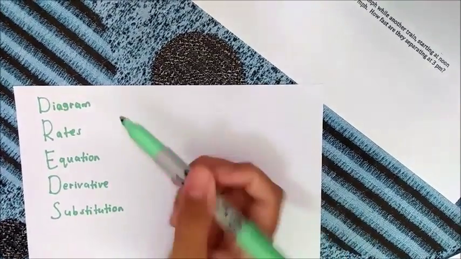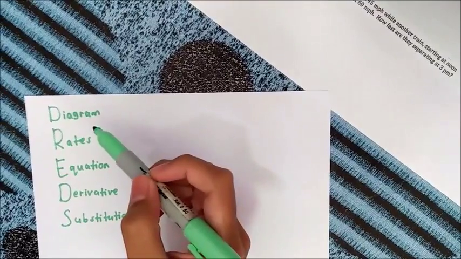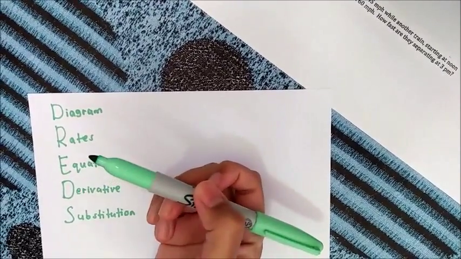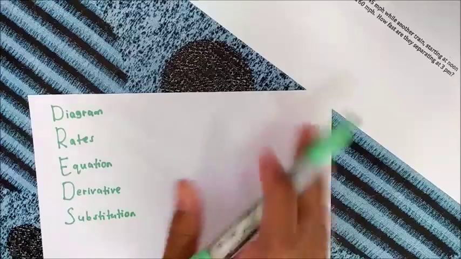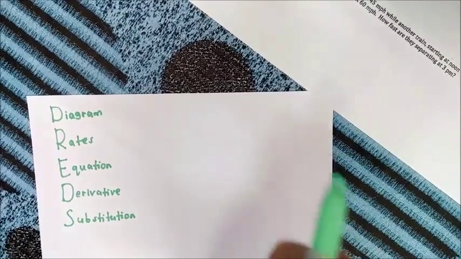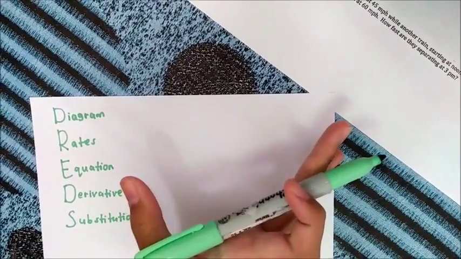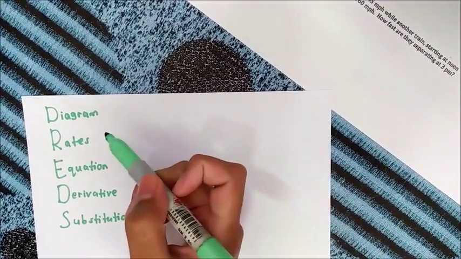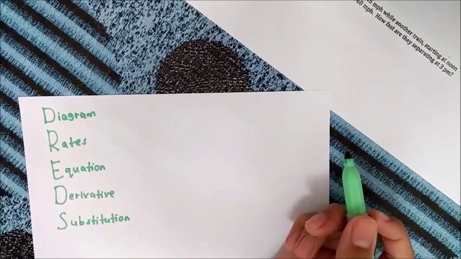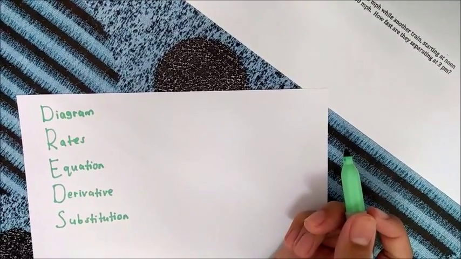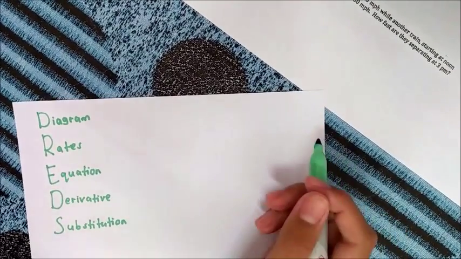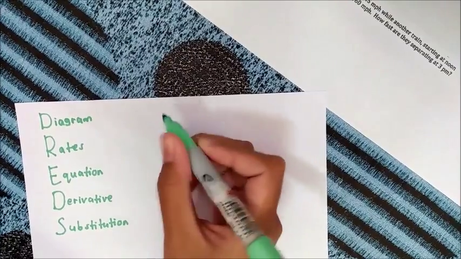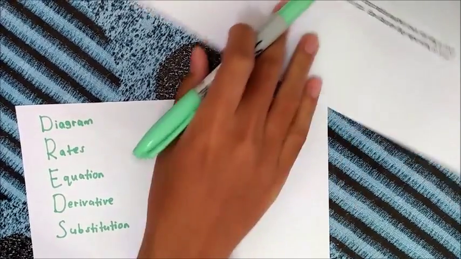So, as you can see, the first step to solve this type of question is first we draw the diagram. In order for you to have the real picture or the real situation of the question, you must have the diagram. So let's get your imagination running wild.